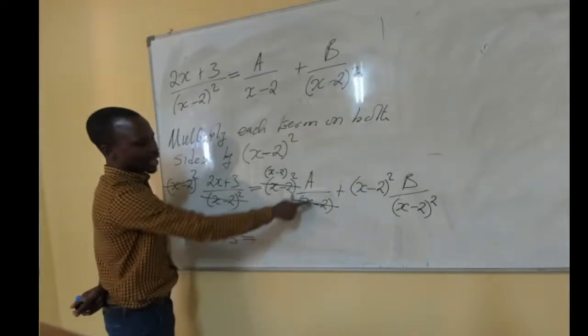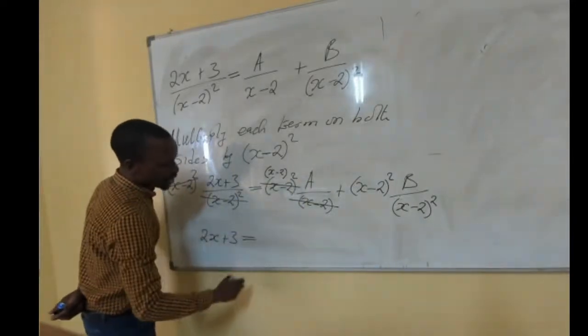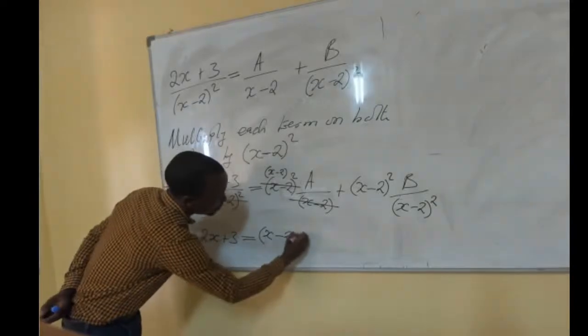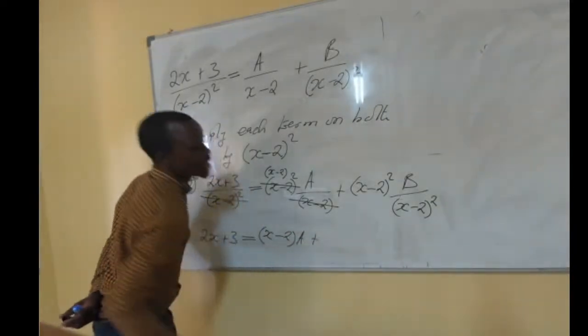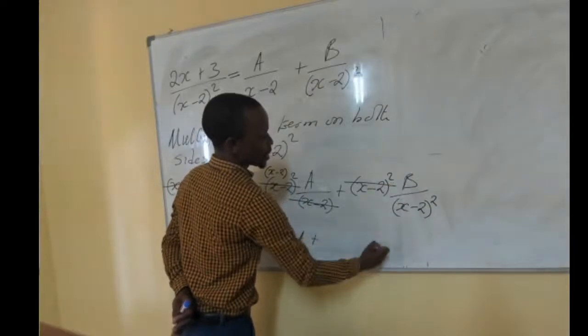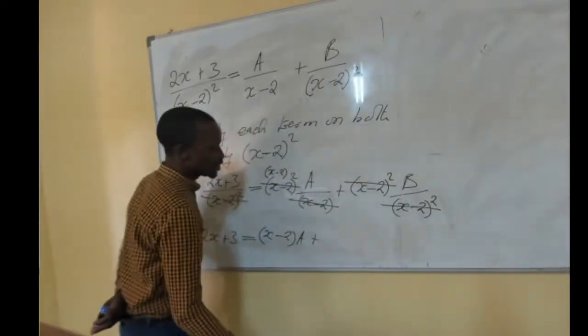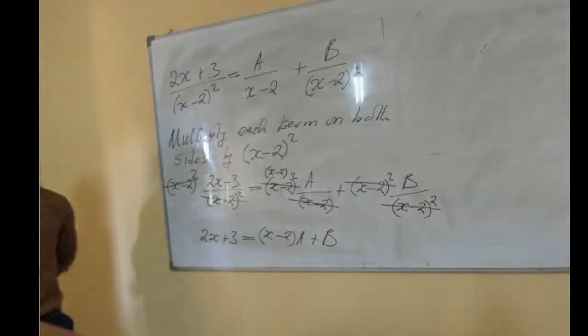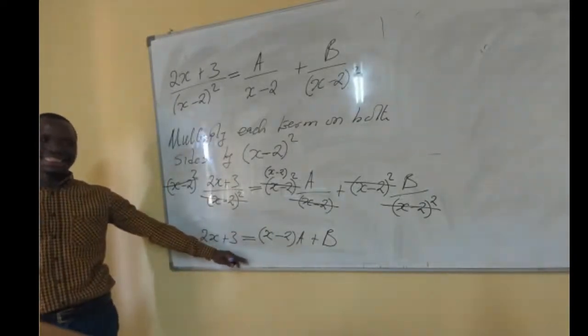So then, in this term, the numerator you're going to have x minus 2 multiplied by a plus, now again, in the next term, the square of x minus 2 and the square of x minus 2 will cancel. We are going to remain with b. Now, you are at this stage.